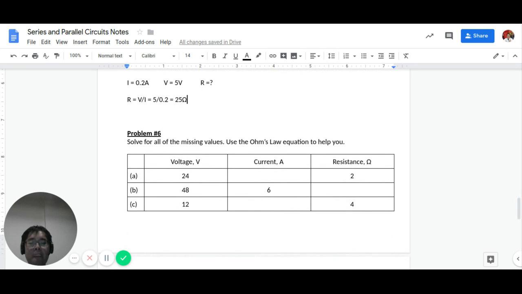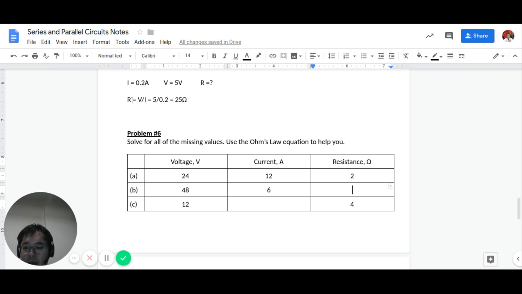Problem number 6. If you were to use the Ohm's law equation, you will know that the voltage is equivalent to the current multiplied by the resistance. So we have to work a little bit backwards. If I want to find my current, I need to find this number which I multiply by 2 gives you 24. So let's try 24 divided by 2, and that will give you 12. Same goes for the resistance: 48 divided by 6, because you're making the resistance the main variable.